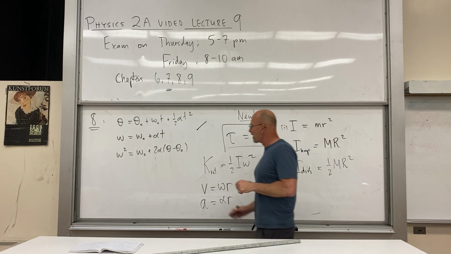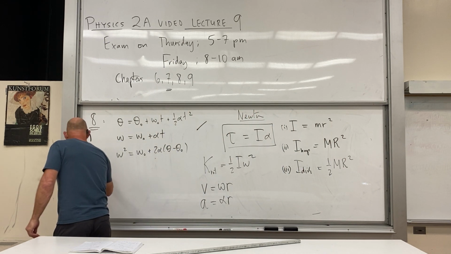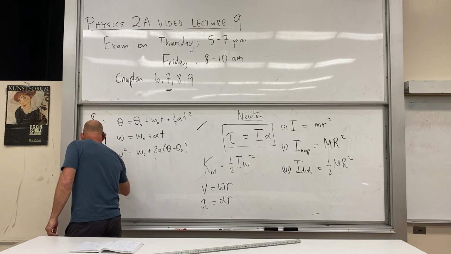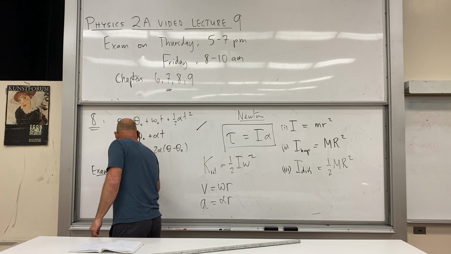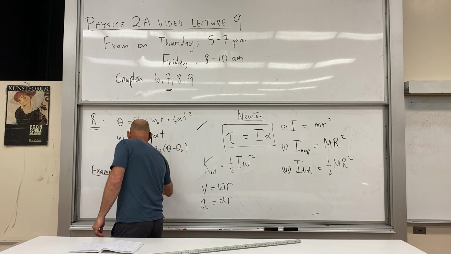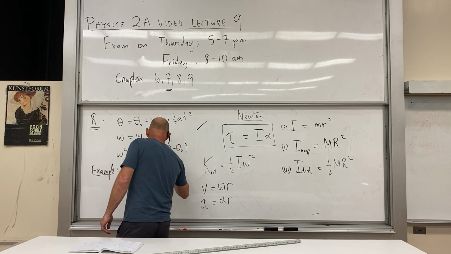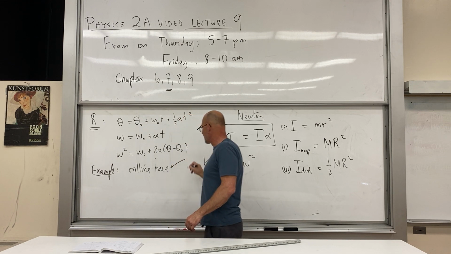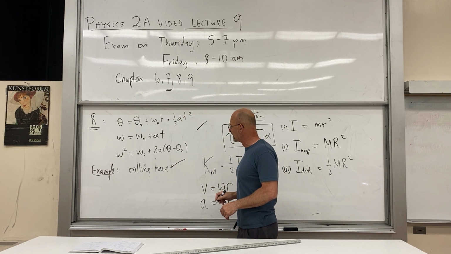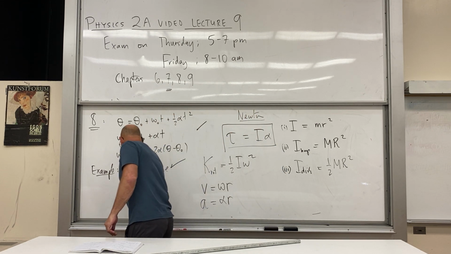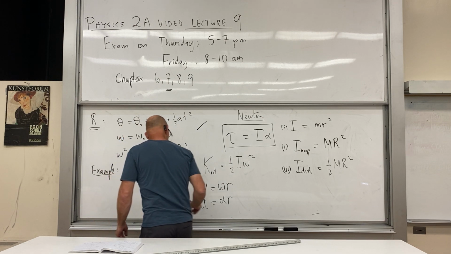And now what kind of problems would we be talking about? Let me just draw your attention to the rolling race, which is in our notes. The rolling race is an interesting one. And the unwinding spool, what will I call it?